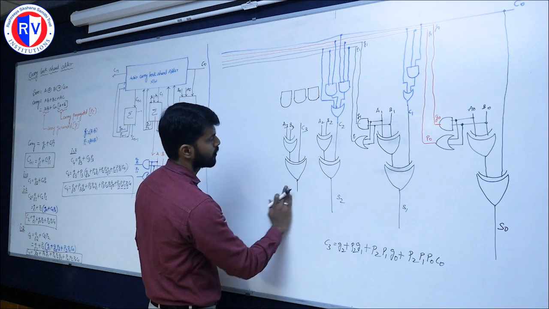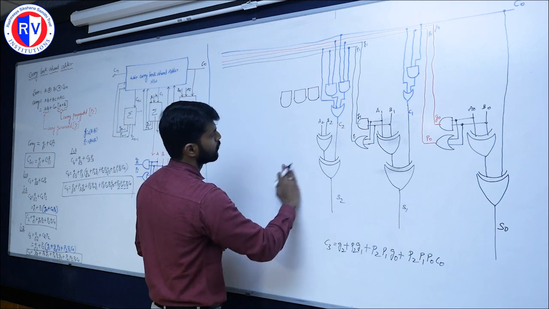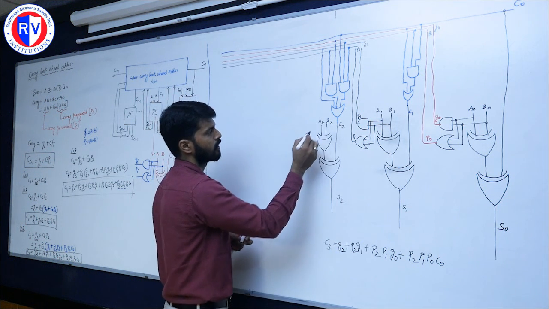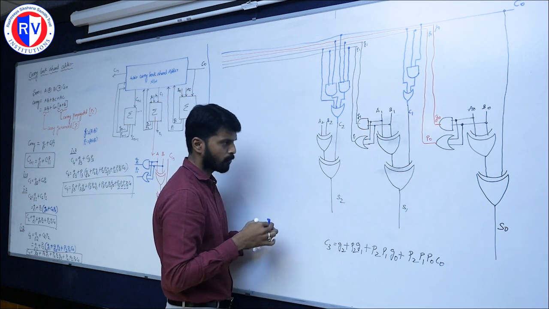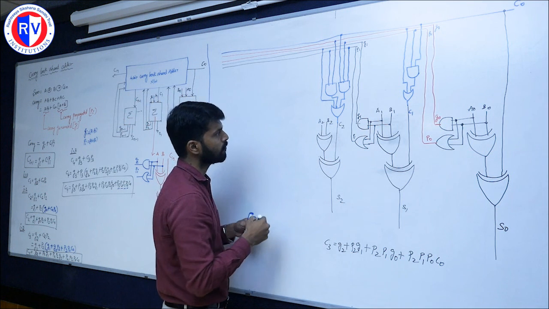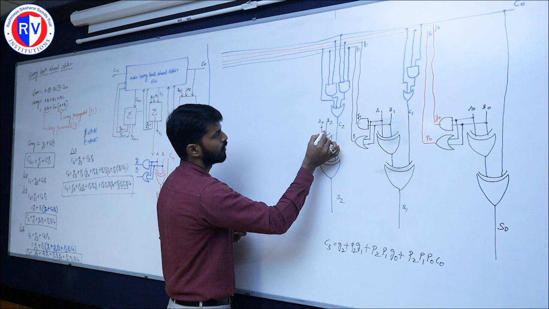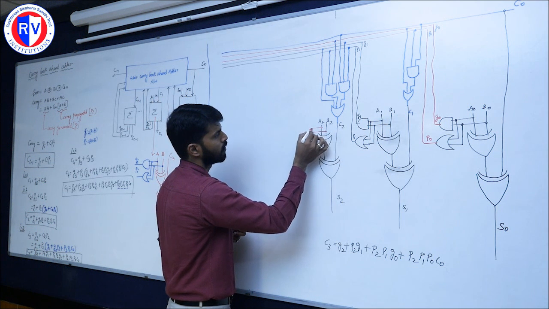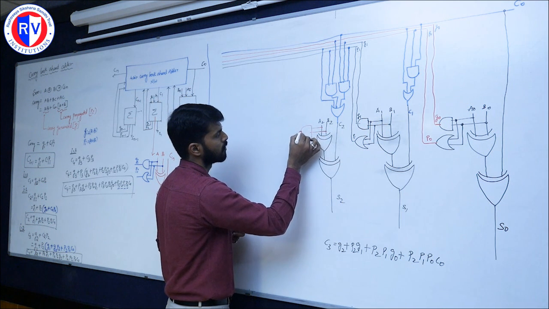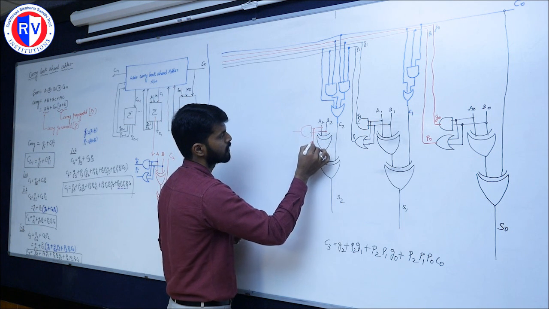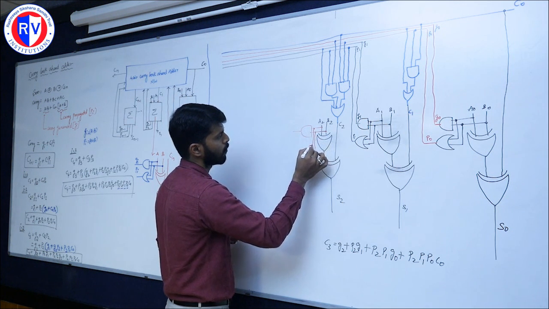Sorry, I made a mistake over here. So we need to make the carry generation and carry propagation, otherwise it won't complete at all. Now I need to make 2 generations, one is carry generated, another one is carry propagated.